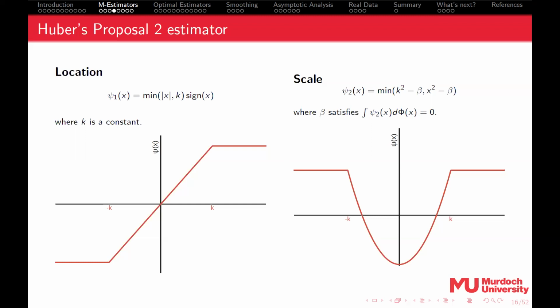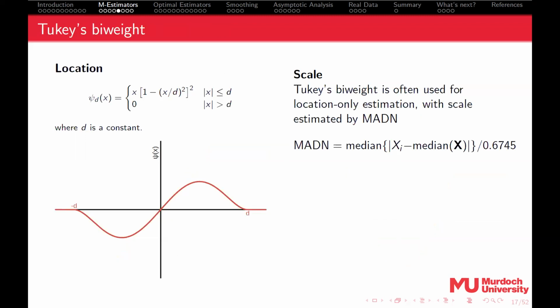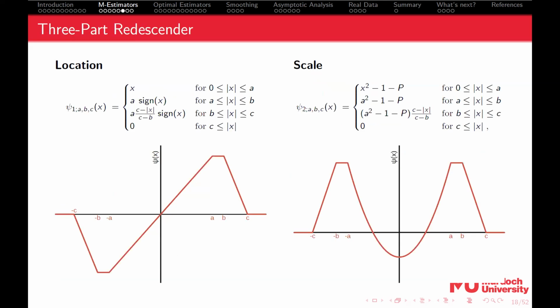Huber was one of the first to propose a function parameterized by K. Tukey came along later and proposed his biweight, parameterized by K. And the motivation is that it's often used in practice and used with median absolute deviation.